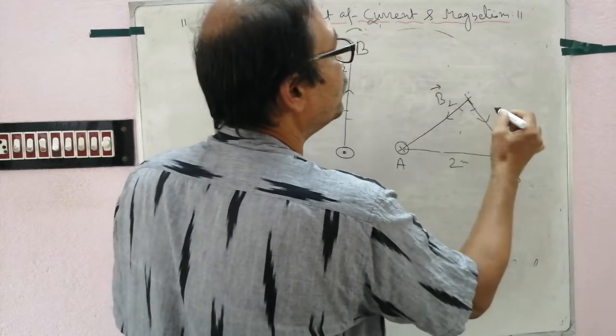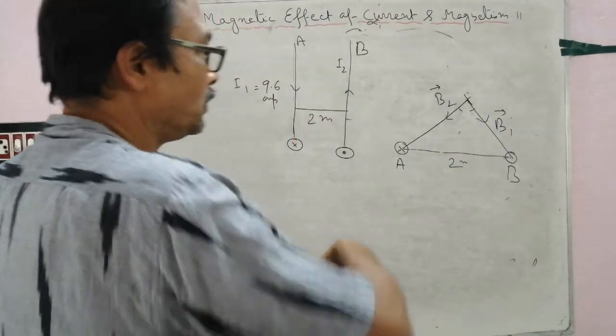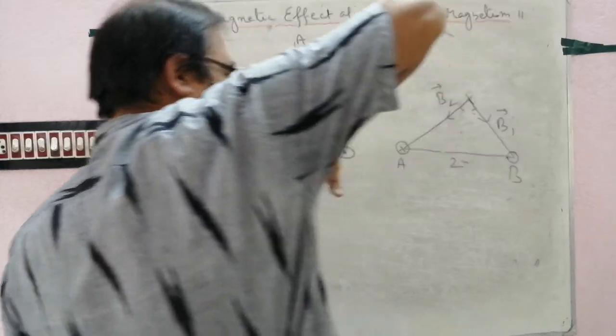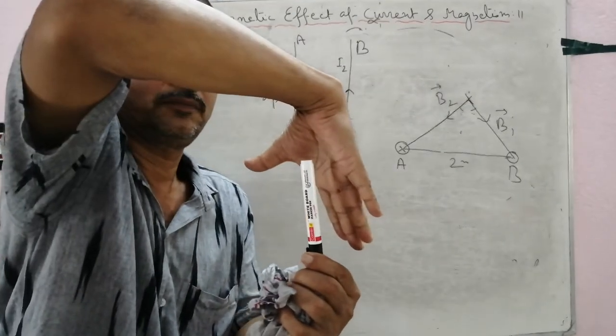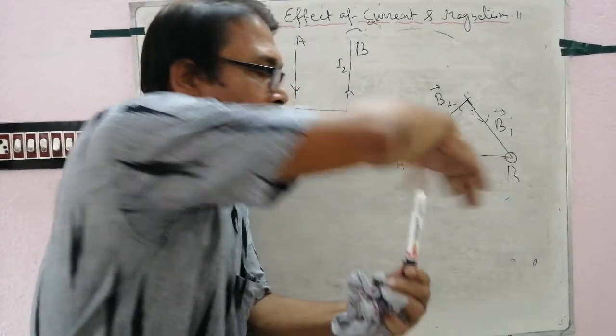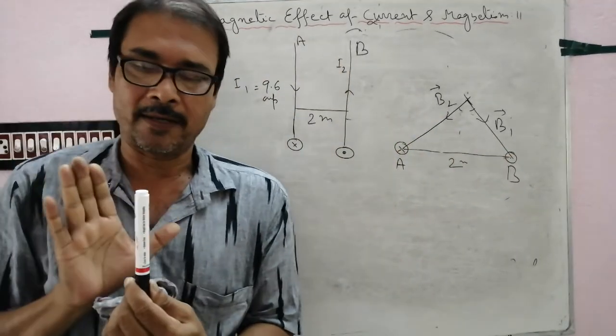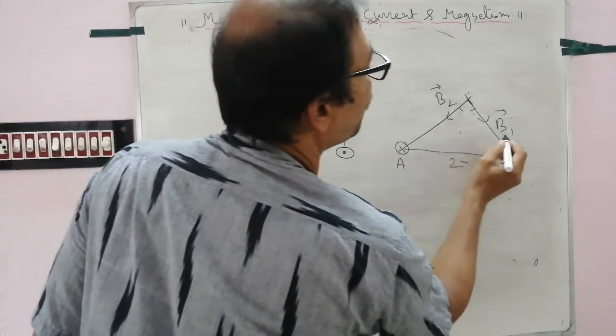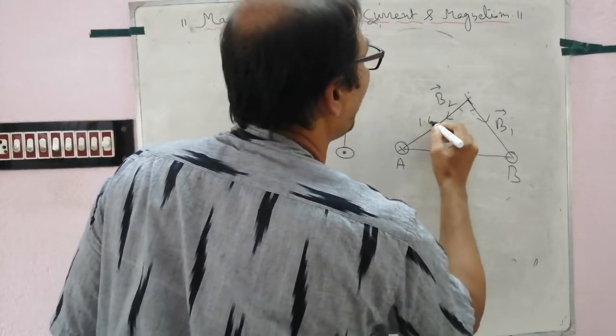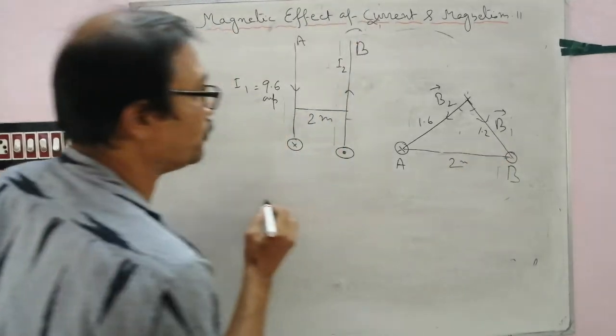Follow. Downward at this point, towards wire B, and in this wire upward. So B1 and B2, this is 1.6, this is 1.2.